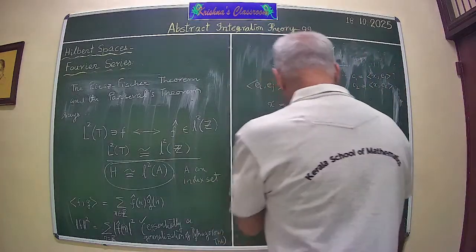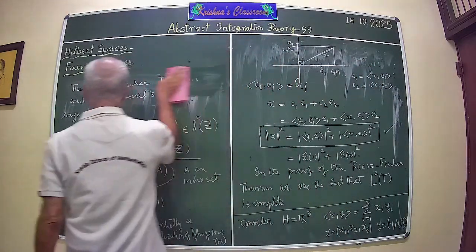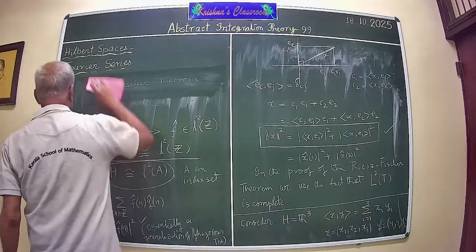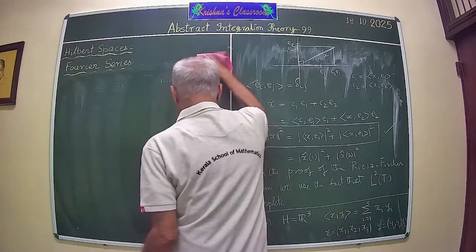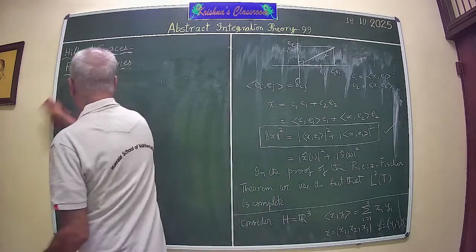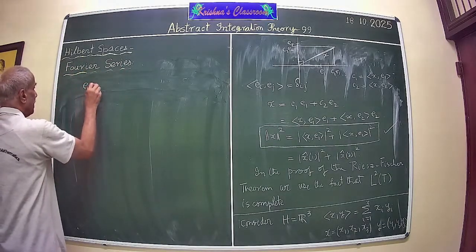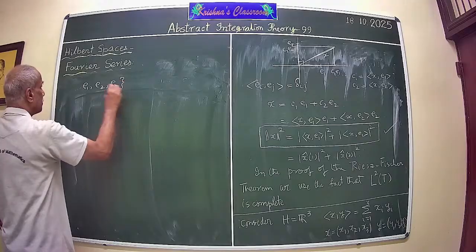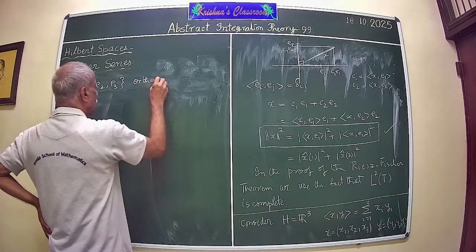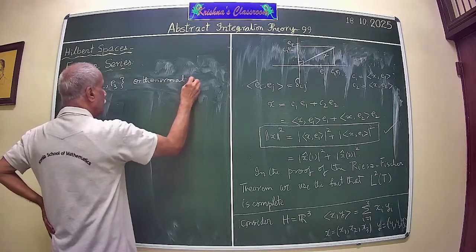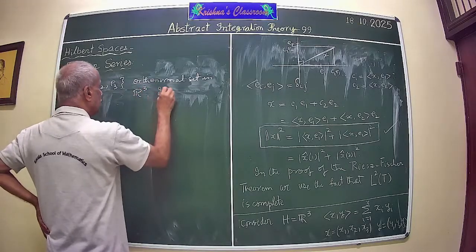All expressions are with respect to this. Now you see, you have E1, E2, E3. This is an orthonormal set. It is complete also.